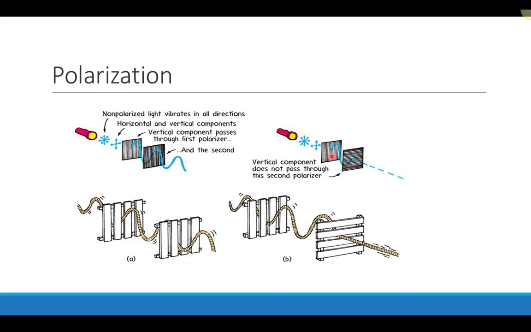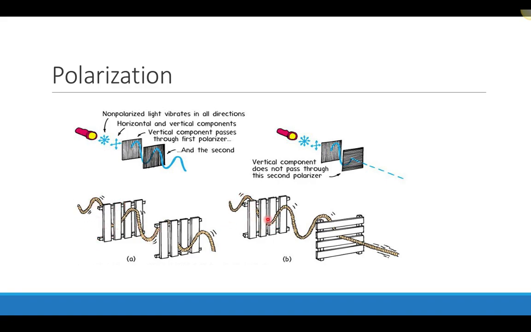Of course, you can have situations in between, where you rotate it and you can see some light. This is similar to a wave on a string that's passing through a fence. If you put it through the slots on a vertical fence and then another vertical fence, you can certainly still create these waves.